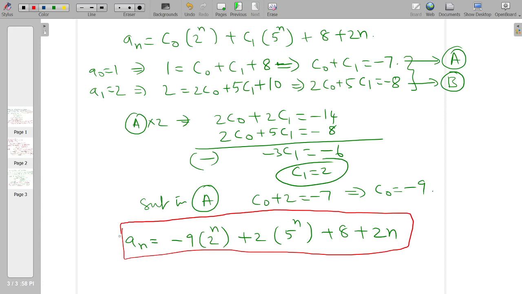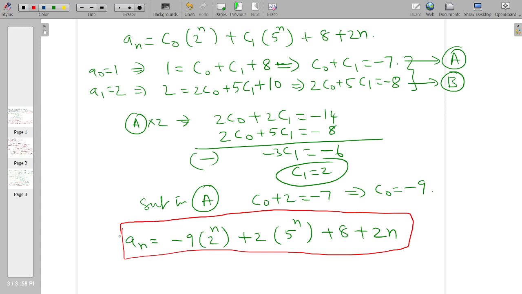So this is the process of finding out the solution to a recurrence relation when the right hand side of the recurrence relation is a polynomial in n. The first thing is that the right hand side is a polynomial.